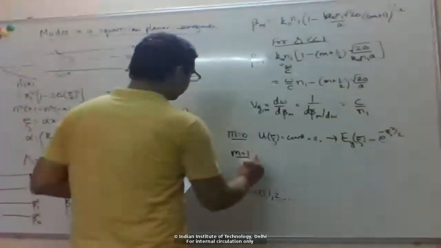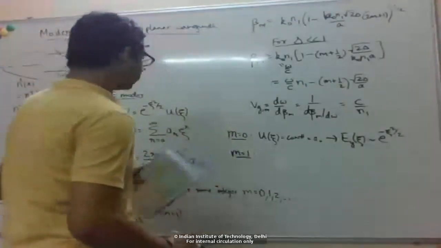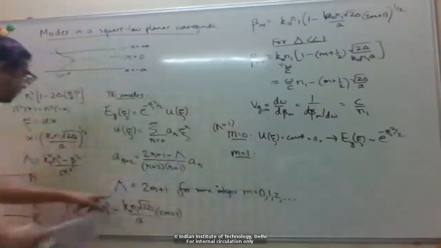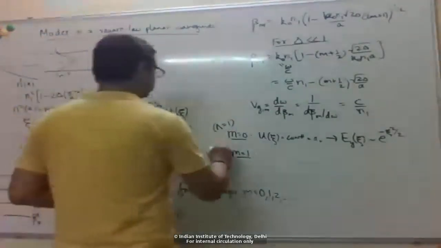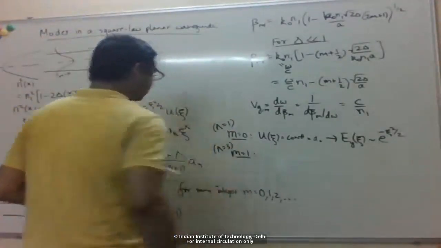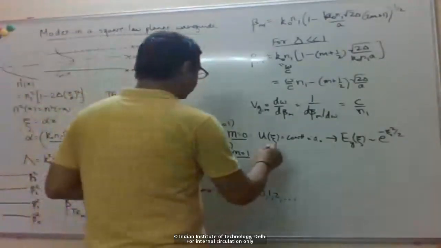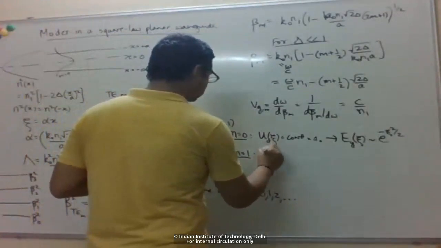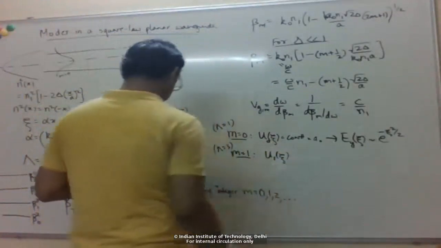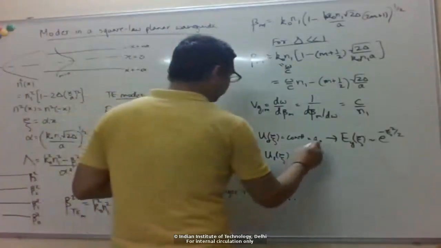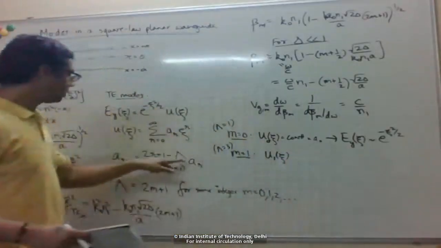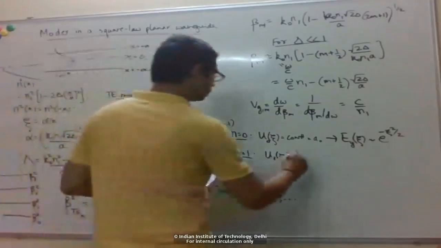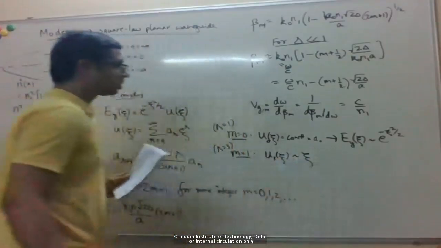Then the first order mode here, m equal to 1, which will be an odd mode. So this means capital lambda, which is basically 2m plus 1, is 3. Now this is a linear function, so only the a1 term is non-zero, so that's a1 times psi.